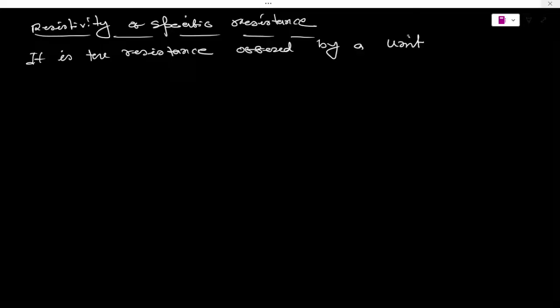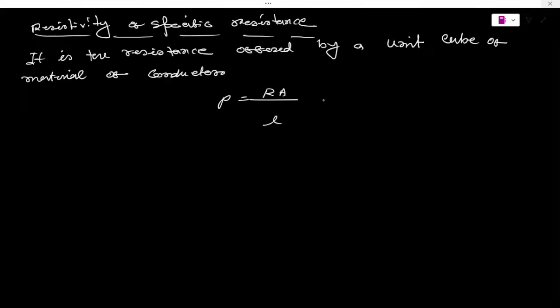It is the resistance offered by a unit cube of the material of the conductor. So rho is equal to R A divided by L, where the SI unit of rho is ohm meter.